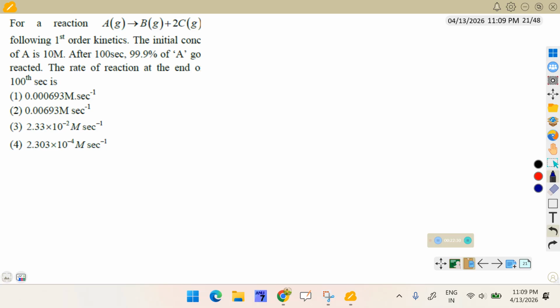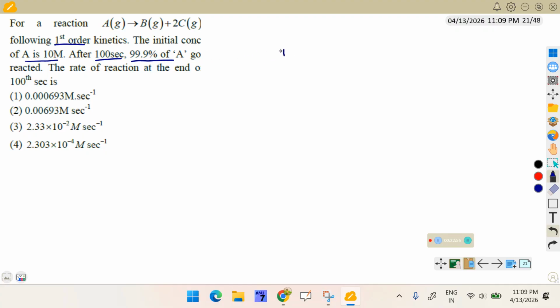For a reaction, A gives rise to B plus 2C following first order kinetics. The initial concentration of A is 10 molar. After 100 seconds, 99% of A got reacted. The rate of reaction at the end of 100 seconds is?